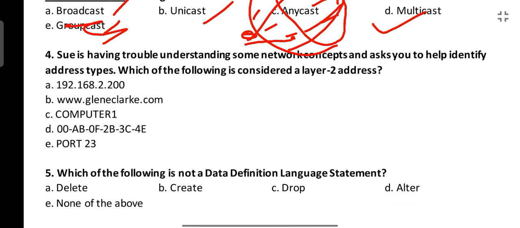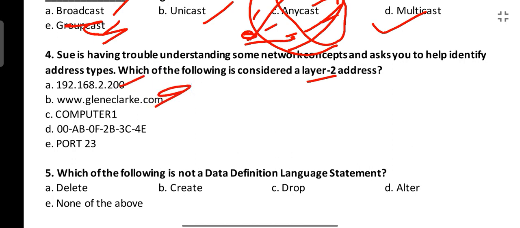Next is, Sue is having trouble understanding some network concepts and asks you to help identify address types. Which of the following is considered a layer 2 address? What is layer 2? Layer 2 is the data link layer. And we know the data link layer deals with MAC addresses. So which one of these is a MAC address? This we know is an IP address.